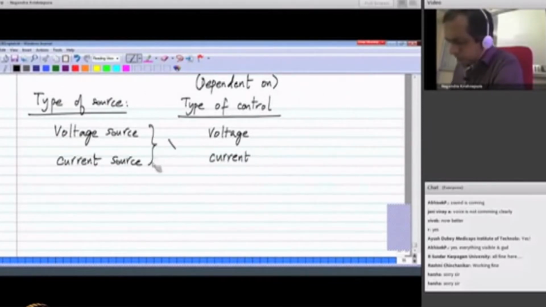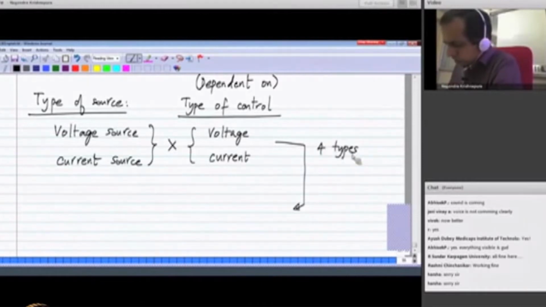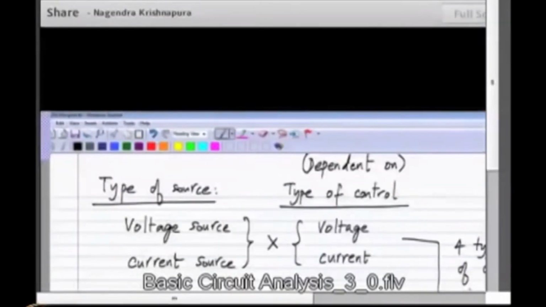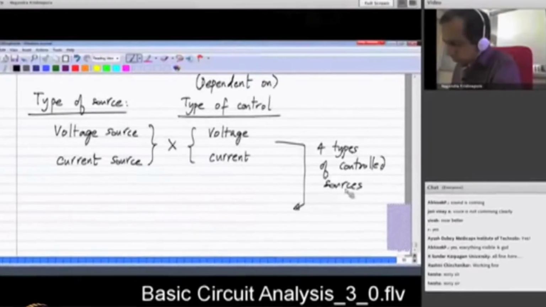Okay, so these two possibilities give you four types of controlled sources.